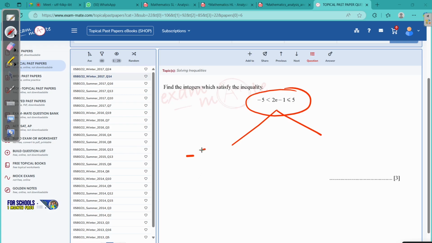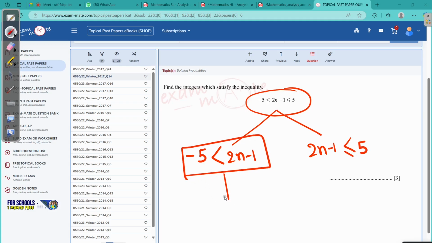The first is that 2n minus 1 should be greater than minus 5. And again, 2n minus 1 should be less than or equal to 5. So you solve each individually, and you have to take only those values of n which are common in both the answers.